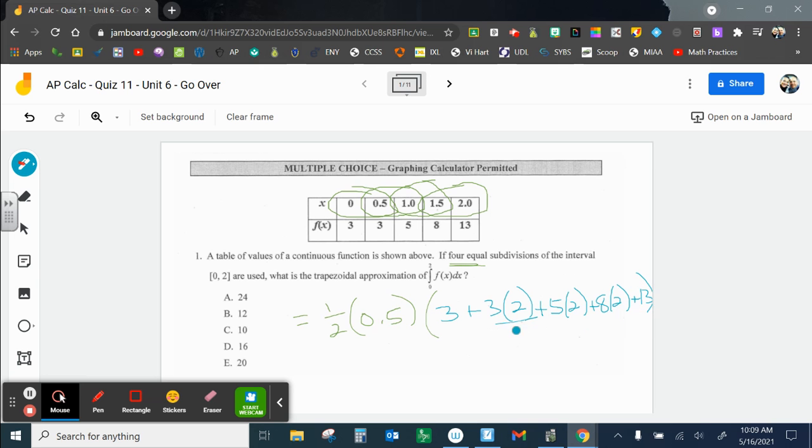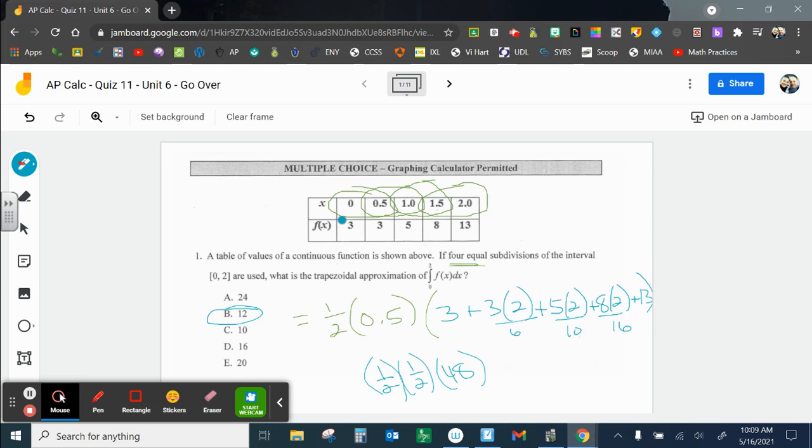So when I add these up, hey, this is 6, this is 10, this is 16, 3 and 13, 16, 32, 42, 48. And we should have 1/2 and 1/2 is 1/4, and 1/4 of 48 is 12. Okay? And that ends up being our answer.